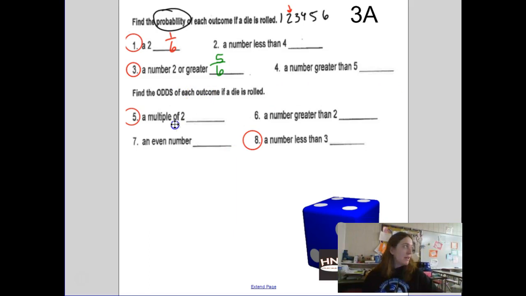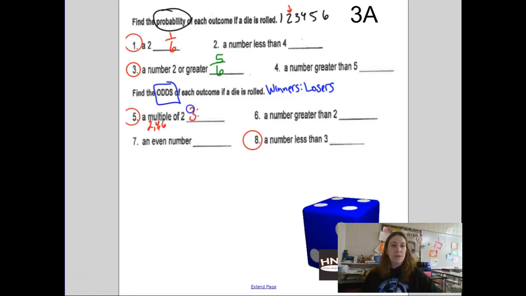And then they switch it up, and now they want us to come up with what's called odds. Instead of winners out of total as a fraction, odds are winners as compared to the number of losers. For a multiple of 2, the winners are 2, 4, and 6.